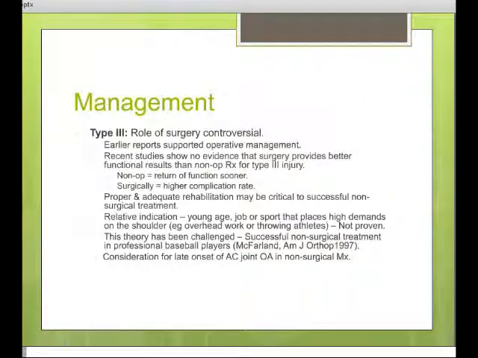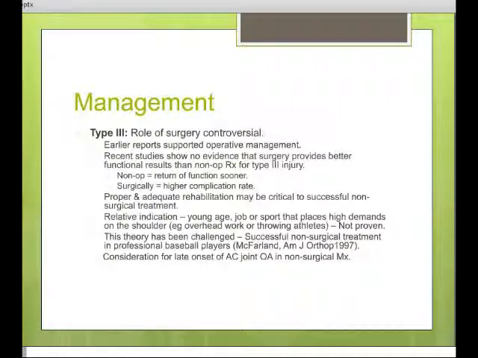And with surgical intervention, there was a higher complication rate. Proper and adequate rehabilitation may be critical in the success of non-operative management.